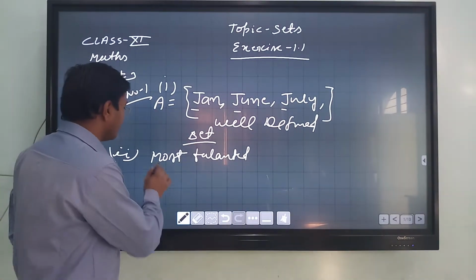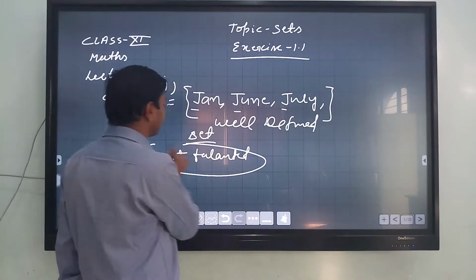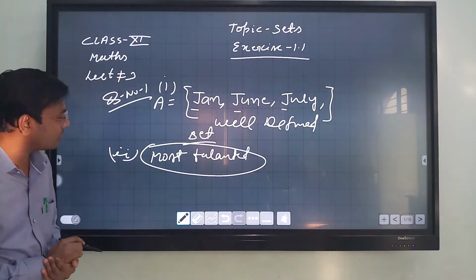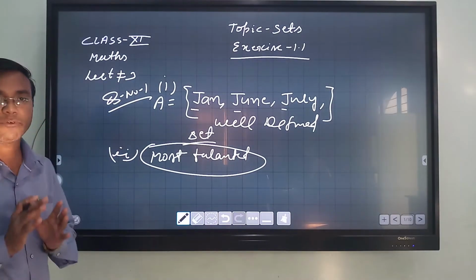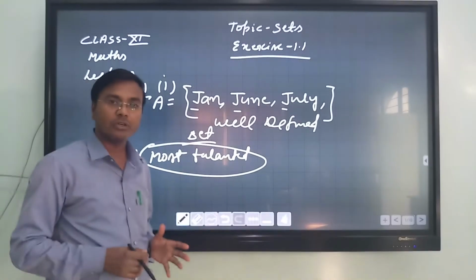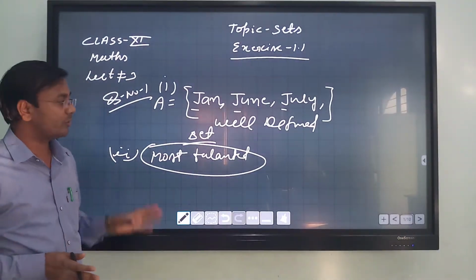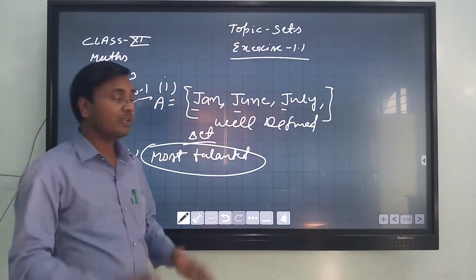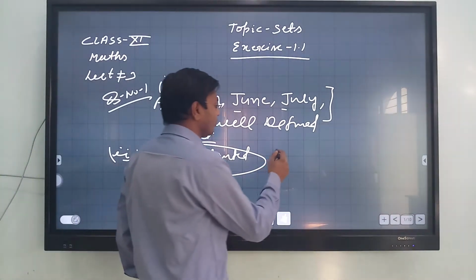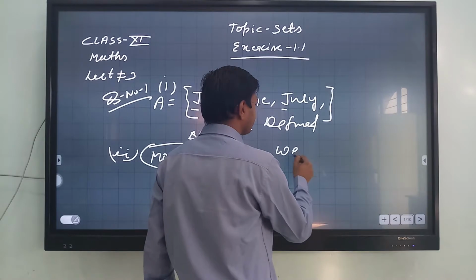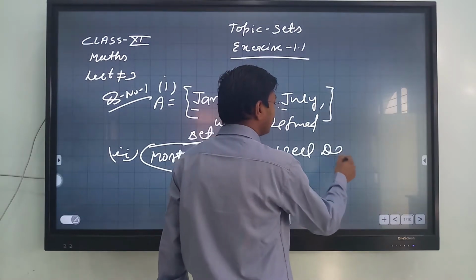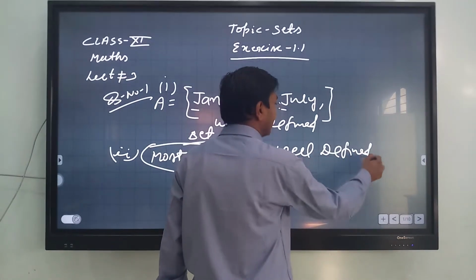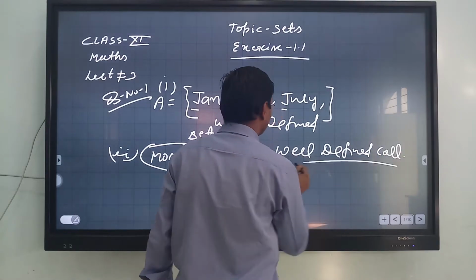These words are vague terms. Vague terms means these terms have no certain parameter or criteria to decide exactly who is most intelligent or who is not. So these collections are not well-defined collections.